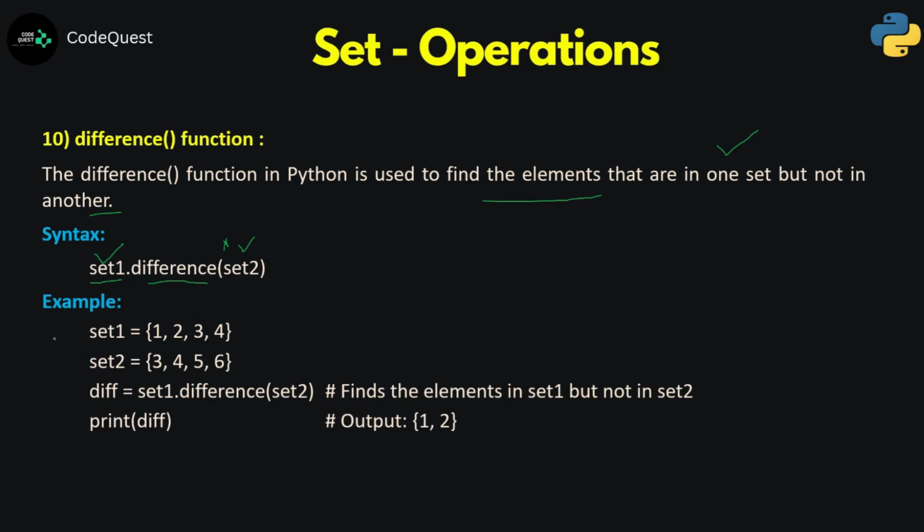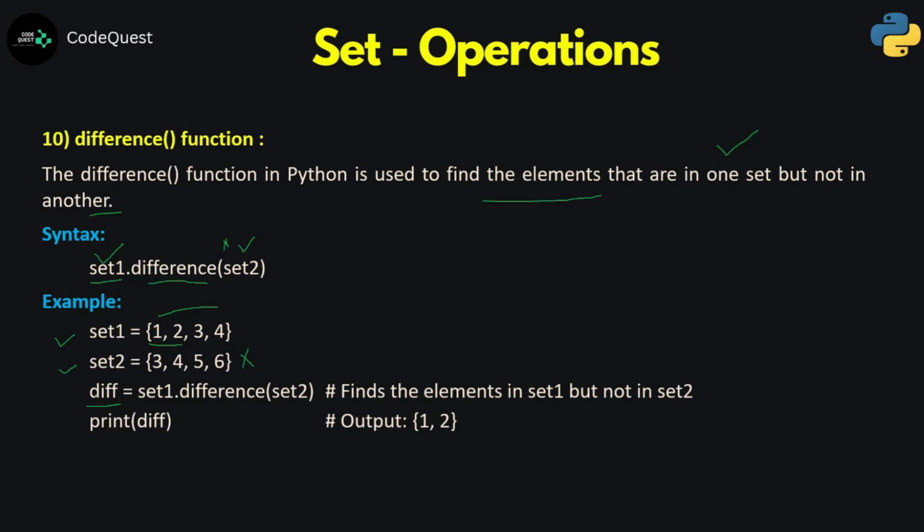So let's see an example. Let's say set 1 is having 1, 2, 3, 4 and set 2 is having 3, 4, 5, 6. So when I'm applying set 1 dot difference set 2, we can see 1 and 2, these are the elements which are not present in your set 2. Hence, those elements are going to be the resultant of this difference function.